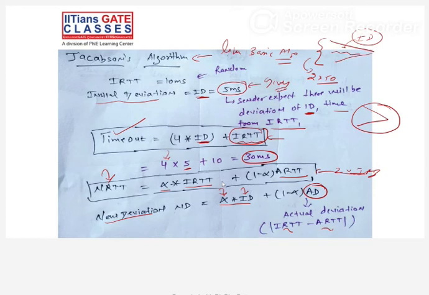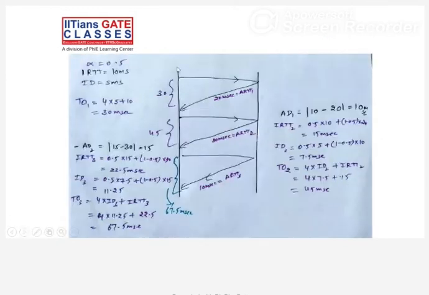Now 0.5 alpha into the previous value, which is 12.5 milliseconds, plus 1 minus 0.5 into your actual round trip time, which is 20. Say 15 is given, 20 is given, then 10 is given. This is the sequence of the first segment, second segment, third segment, like this. So if you calculate, the answer will be 16.25.